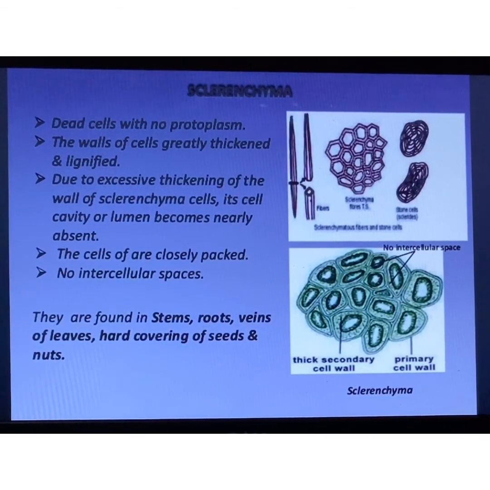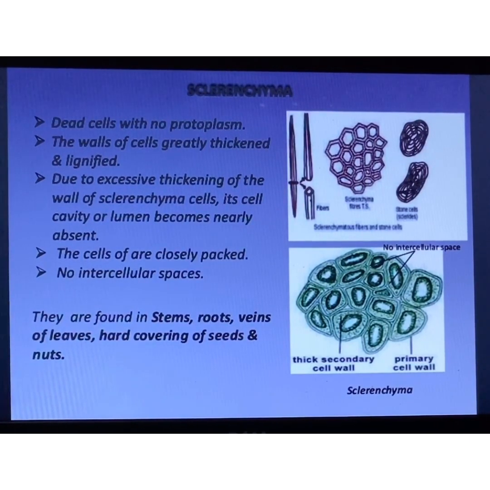The next is sclerenchyma. Now, sclerenchyma cells are extremely rigid. They have thick cell walls which are made up of lignin. Now, what is lignin? Lignin is a very complex hydrocarbon. Don't worry, hydrocarbon is nothing but a chemical made up of hydrogen and carbon.